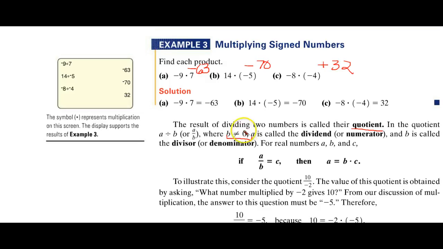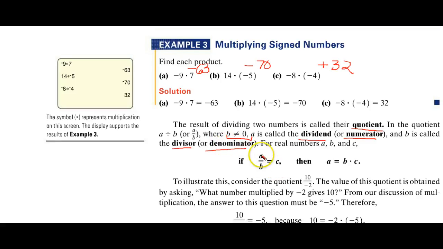In our math system, this is undefined. And we'll probably hit that again shortly here. So A is called the dividend, or the numerator. B is called the divisor, or the denominator. In this form, it's the dividend and the divisor. In the fraction form, it's the numerator on top, denominator on the bottom.